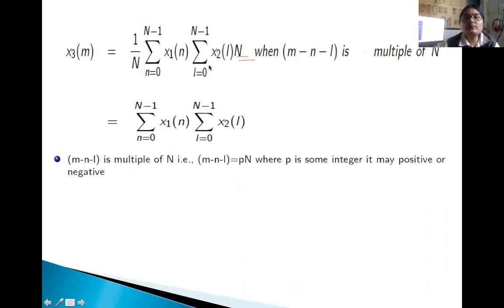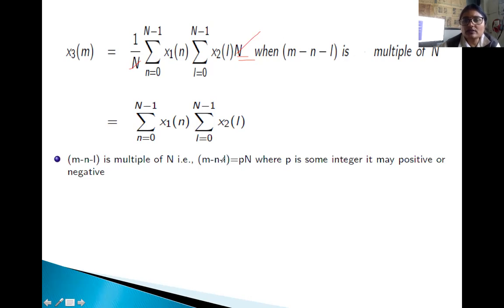Now what will happen is this n and this n are going to cancel each other. Finally what remains is the summation of x1 of n and x2 of n, where m minus n minus l is a multiple of n.